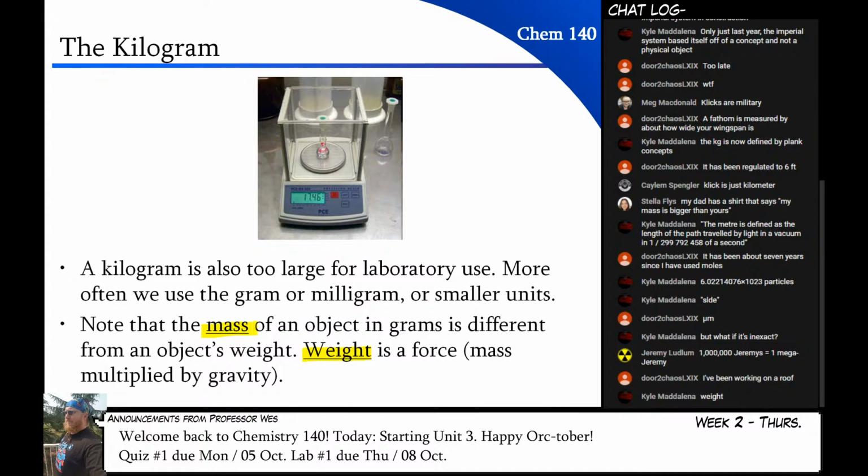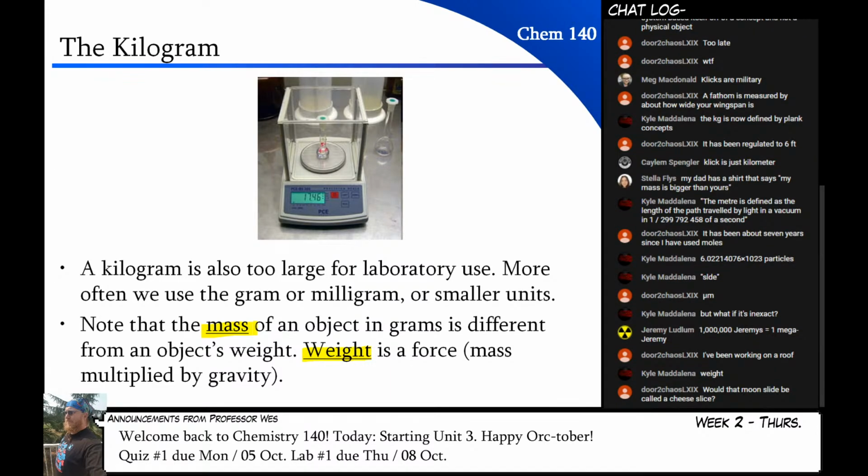Weight is your mass times the acceleration of gravity. So weight is a force. But mass is just how much stuff you have. So these are two different things. So be mindful that you aren't misusing the terms mass and weight when you're talking about stuff in the laboratory.